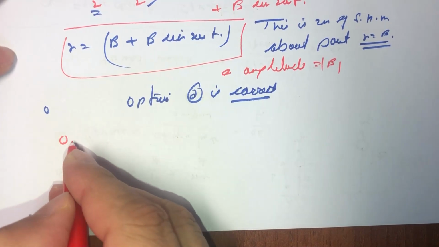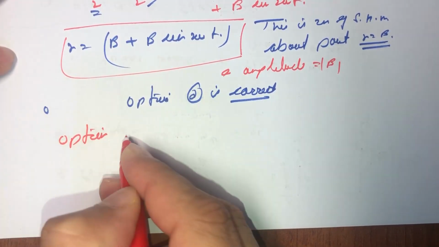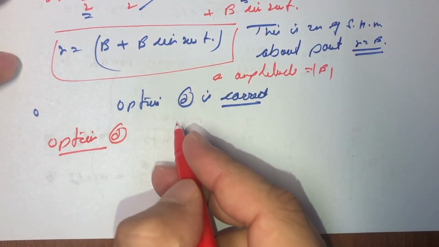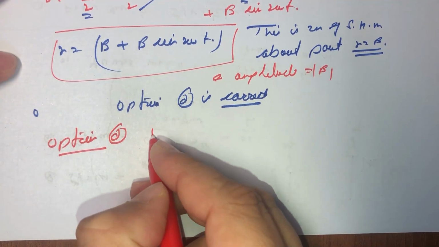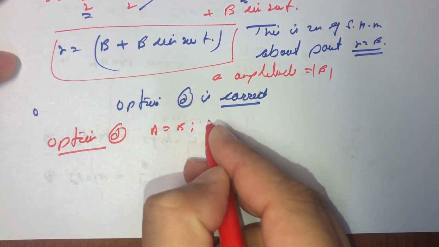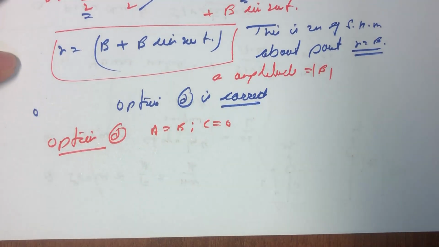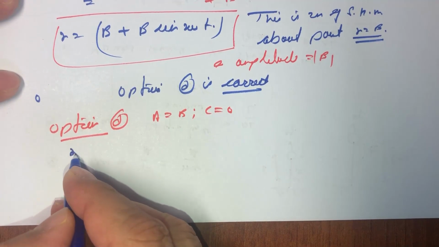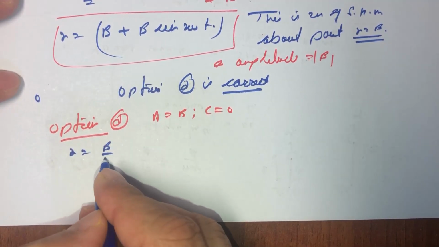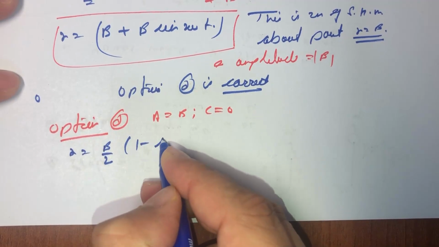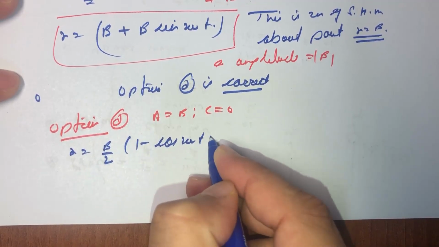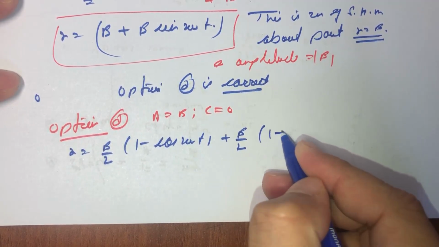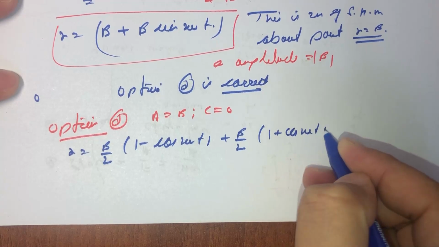So now the last part, option number C, which gives that A is equal to B and C is equal to 0. So once again we can write that our x is equal to B by 2 (1 minus cos 2 omega t) plus B by 2 (1 plus cos 2 omega t).